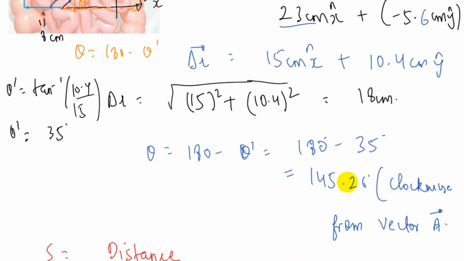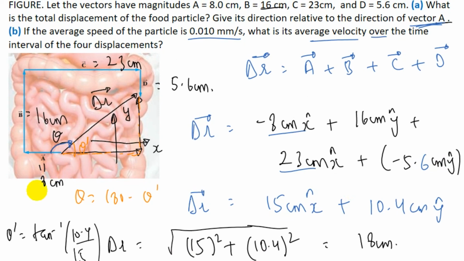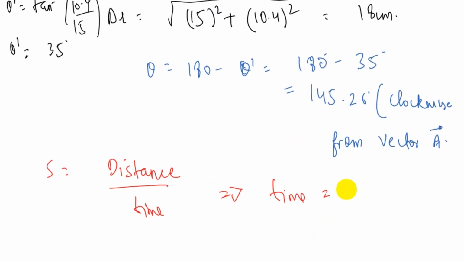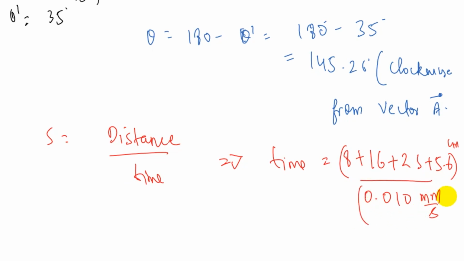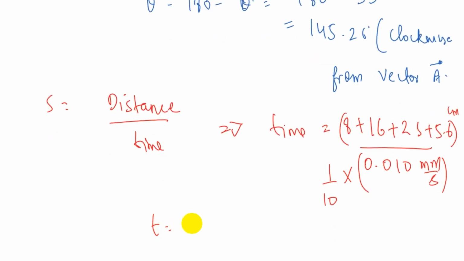Now distance for the food particle, we have 8 plus 16 plus 23 plus 5.6, divided by the speed we are given, 0.010 mm per second. Now this is in centimeter, so we have to match the units. We can multiply this with 1/10 so that the mm is converted into centimeter. So the time will be equal to 52,600 seconds.